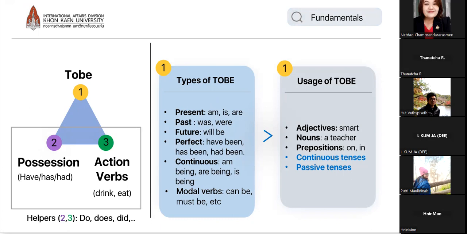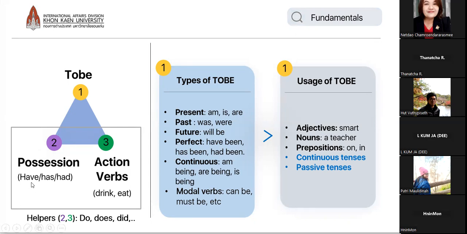We also use it with a noun: "I'm a teacher," "I was a teacher in the past," "I will be a teacher in the future." And with prepositions: "Where are you now?" "In the meeting room." Yesterday, "I was in the meeting room." In the future, "I will be at home or at the apartment."